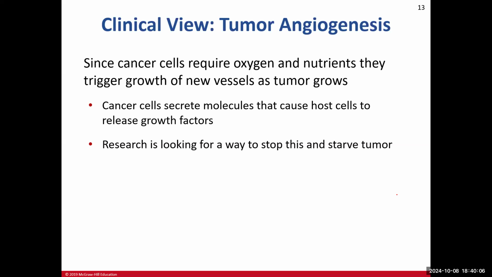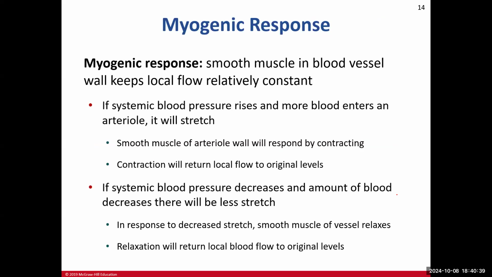Well, what we'll see is you have these growth factors that tissues will produce that will stimulate the formation of new blood vessels. The tumors start to learn how to do this, and they start producing these growth factors. And so they'll start to cause blood vessels to grow towards the tumor. So they're looking into ways to decrease growth factor production that will starve the tumor out. And we're kind of seeing that with research and whatnot, but they haven't really quite gotten it where they'd like to be.